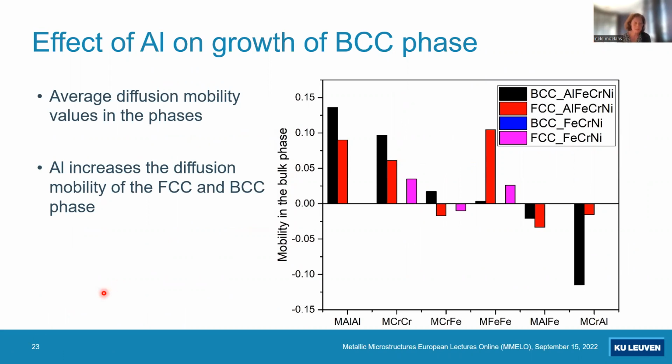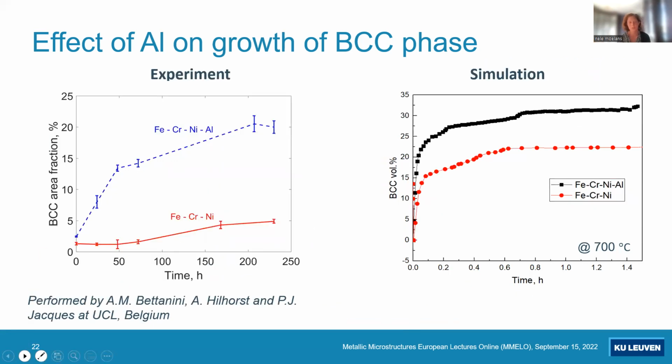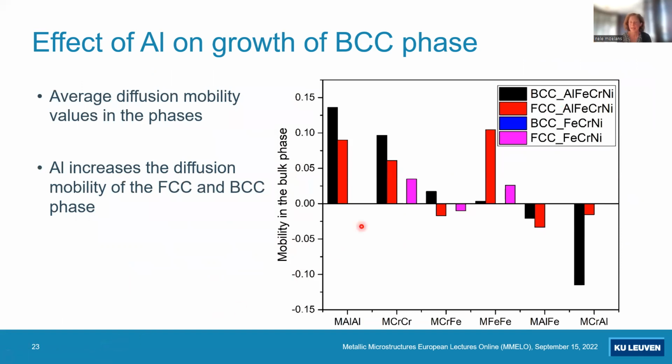So what we did was we extracted the diffusion mobility values for the different components at every point in our system, and we took the average because it varies, of course, as a function of position. And we found actually that for each of the components in the tensor, it was always higher in the aluminium containing alloy than in the ternary one.